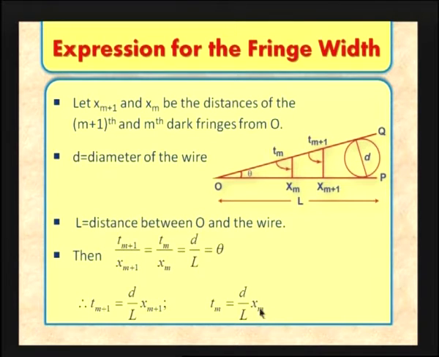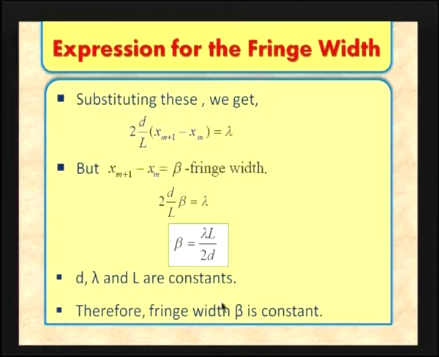Similarly, x m is equal to T m into L divided by d. So, 2 into d by L into x m plus 1 minus x m will be equal to lambda.